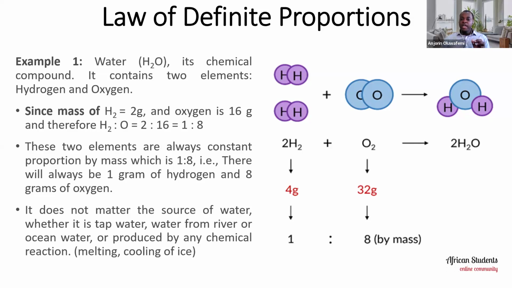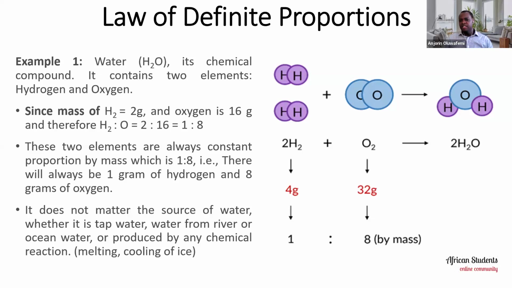Now, these two elements are always in constant proportion by mass, which is 1:8. That is, there will always be 1 gram of hydrogen and 8 grams of oxygen, wherever you find hydrogen and oxygen combining to form water.